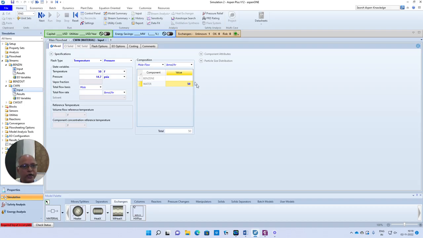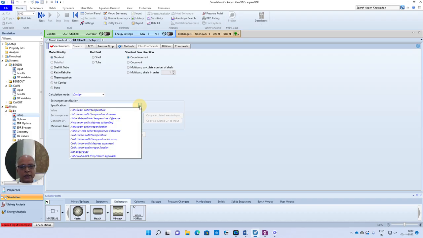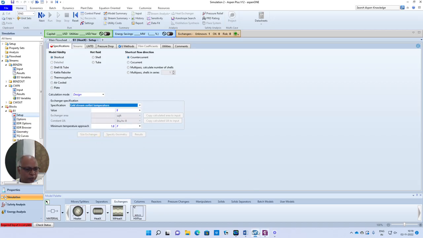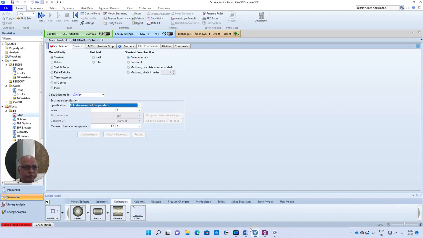This is required in order to complete the problem definition for rating. So we have defined both the input streams, and then we would like to specify the cold stream outlet temperature should be at 70 degrees Fahrenheit.